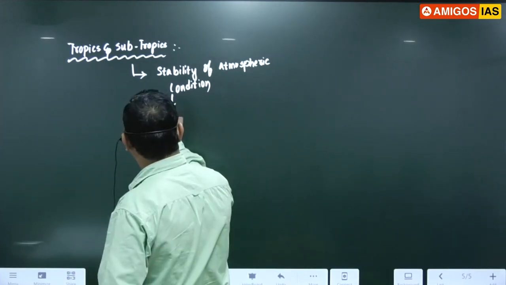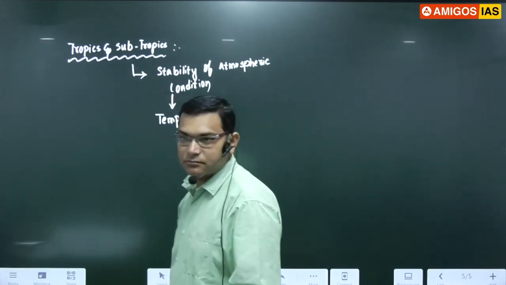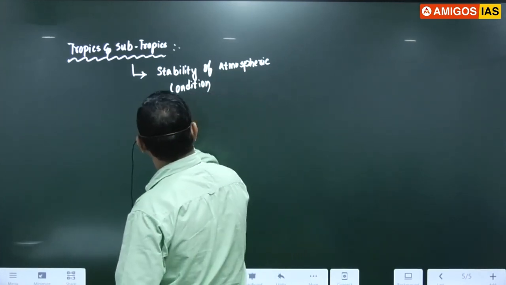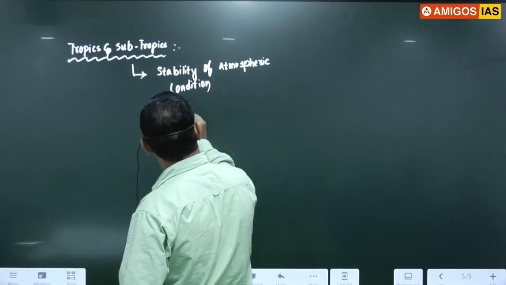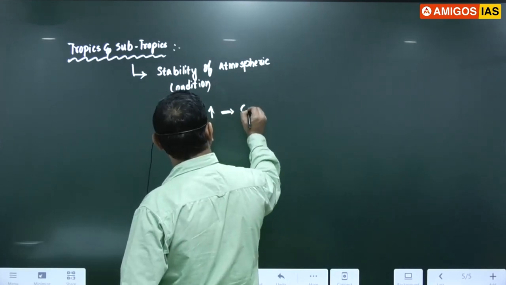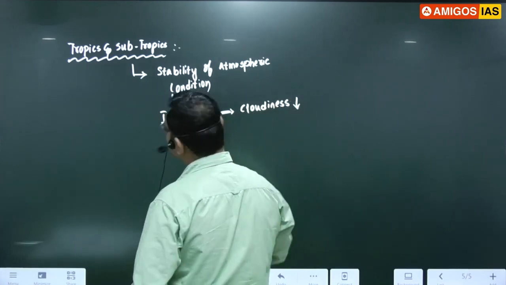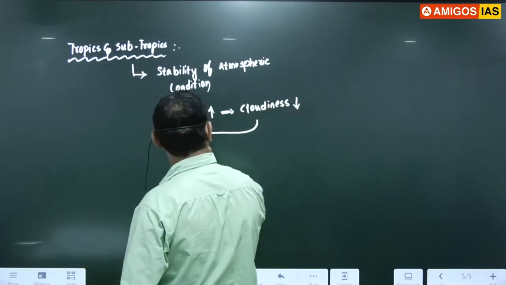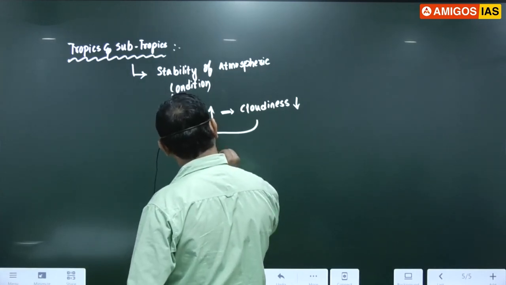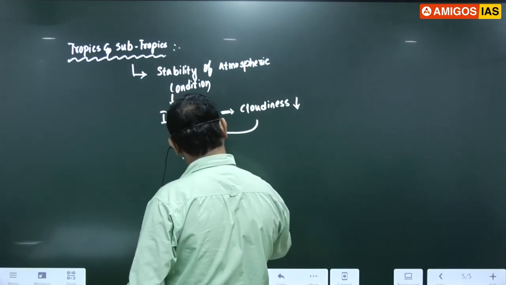Stability, so temperatures would increase. Insolation is more, cloudiness is less. If the cloudiness decreases, temperatures will become more. If the temperatures become more, evaporation more, salinity more.